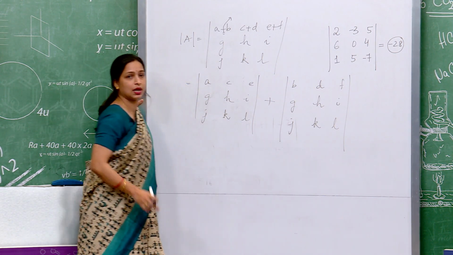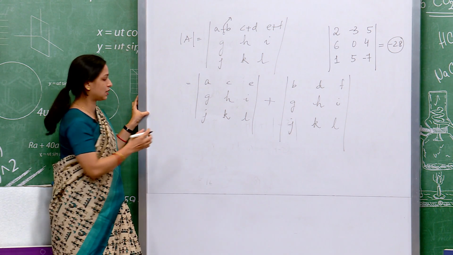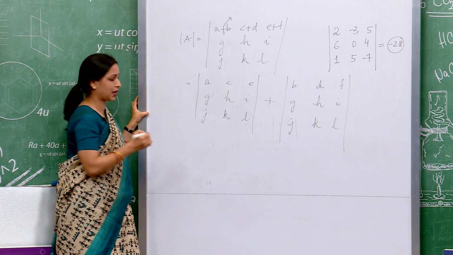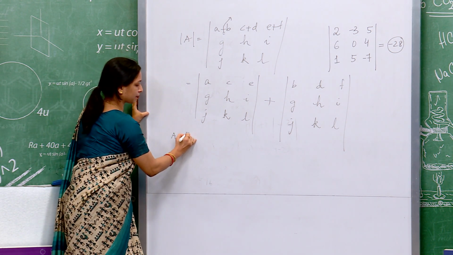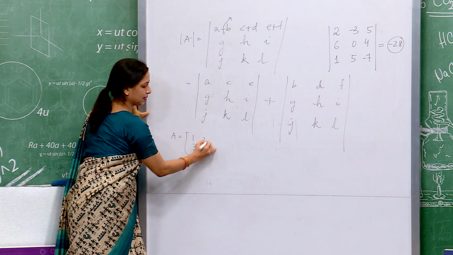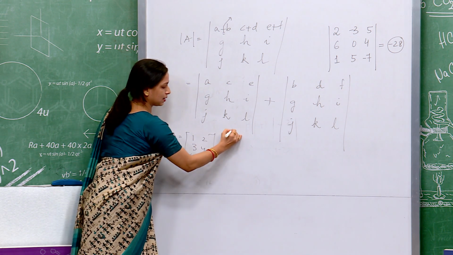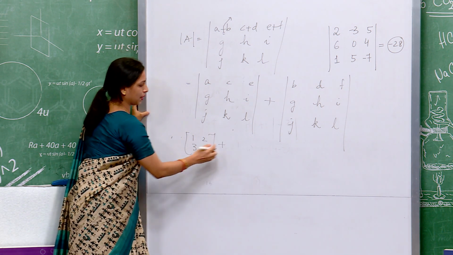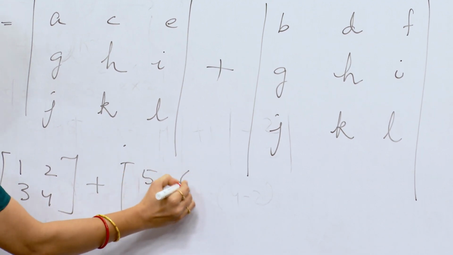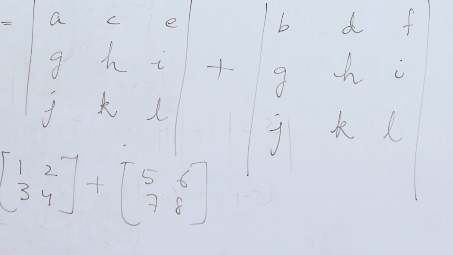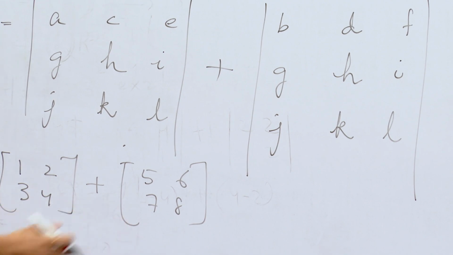2 determinants. Now, remember in matrices how we add or subtract, for example, if this is one matrix and this is another matrix, let us say 5, 6, 7, 8 in matrices. So, how do we add in matrices?